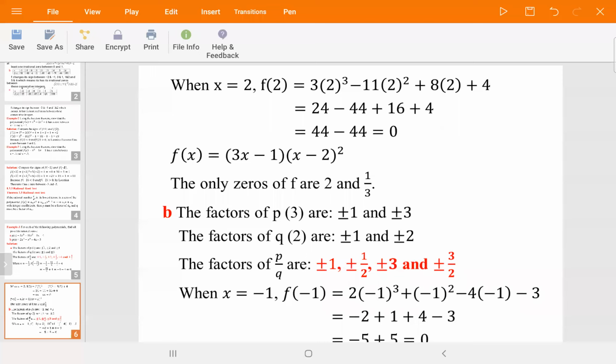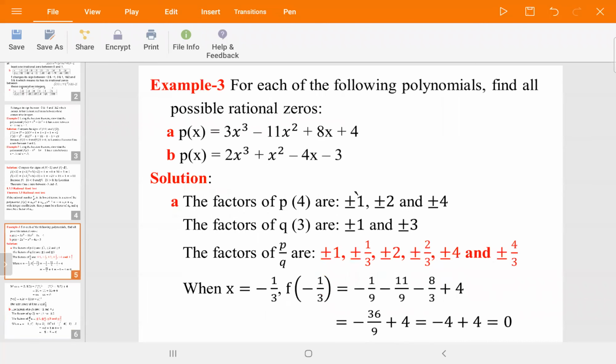So 3x minus 1 times x minus 2 the whole square means the second 0 of the polynomial repeats itself as a zero of the polynomial twice. The maximum number of possible zeros of this given polynomial is 3, because its degree is 3.